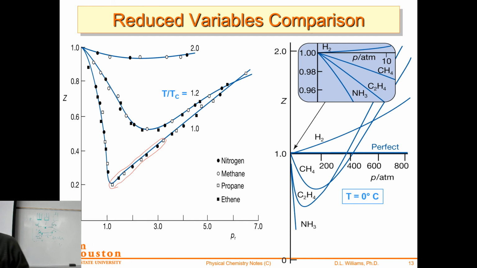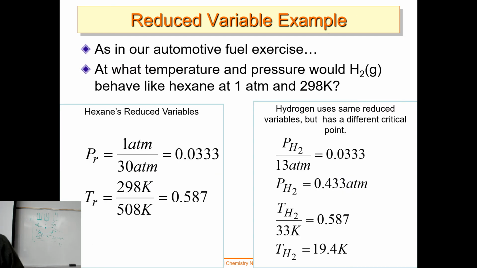Now, one practical thing that we can do with this is to say, as in our automotive fuel exercise, at what temperature and pressure would hydrogen behave like hexane at 1 atmosphere and 298 Kelvin? So let's figure out what the reduced variables are for hexane at 1 atmosphere and 298. We divide by its critical pressure and critical temperature. So the reduced pressure and the reduced temperature is 0.03 and 0.58.